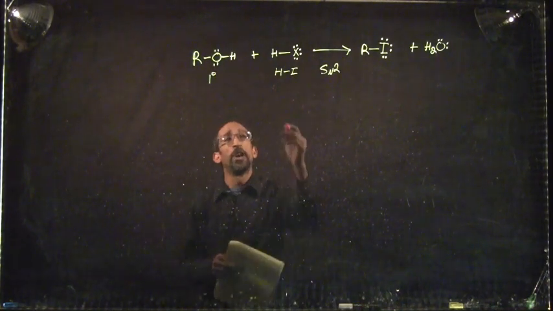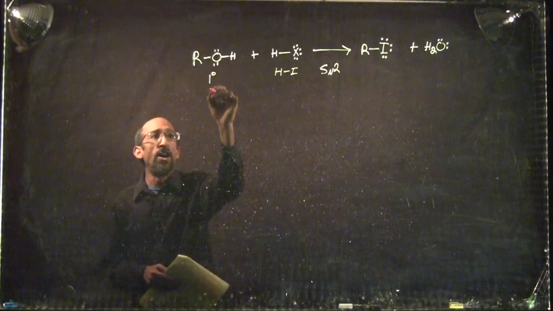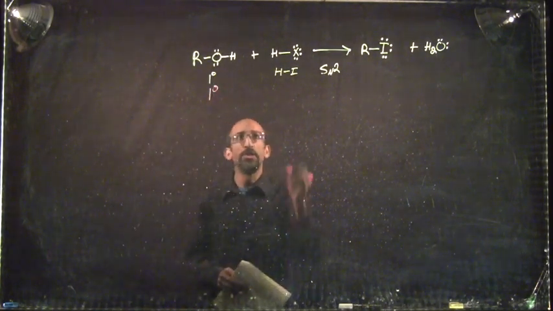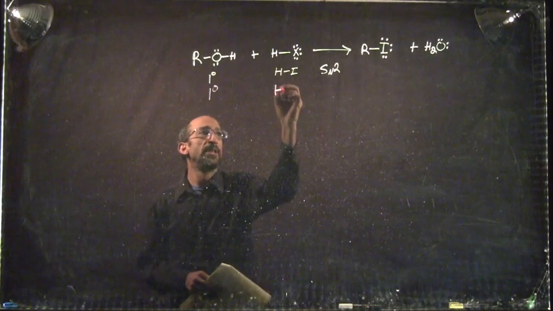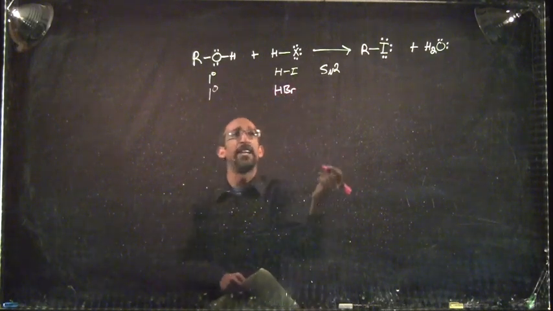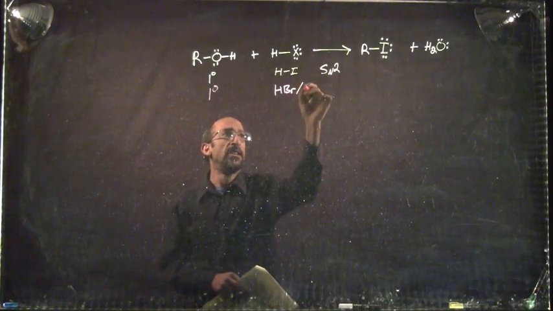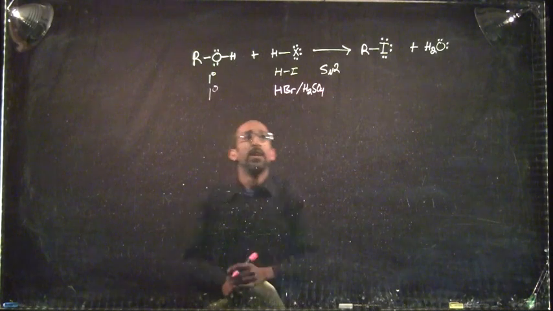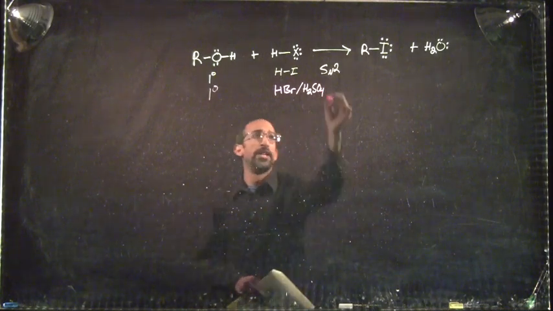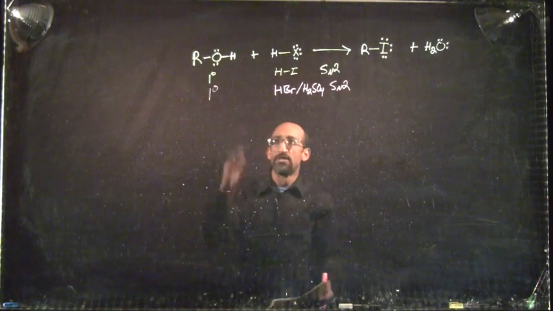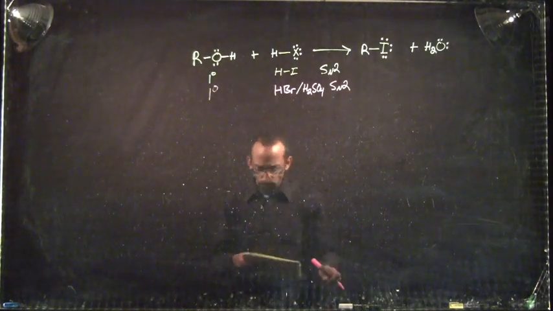Also for primary alcohols, we can also use HBr. However, we have to use that in combination with a second acid, sulfuric acid. And finally, this is also going to proceed by an SN2 type mechanism since we have a primary electrophile.